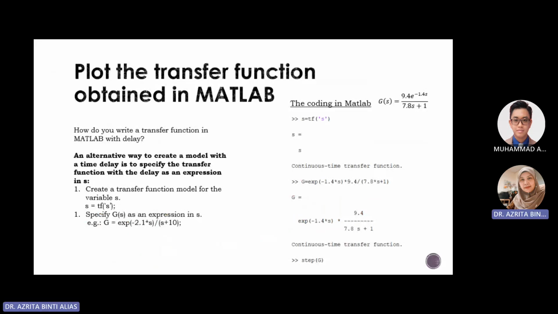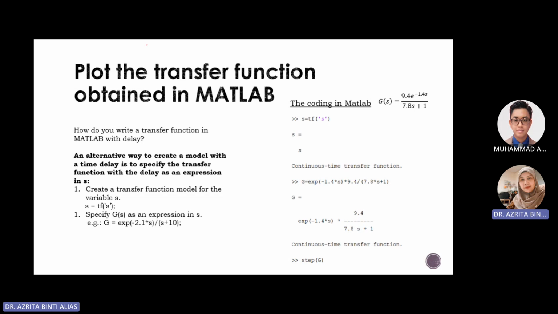Okay, so actually there are a lot of ways to plot the transfer function. Before this, you already learned that when we want to plot the transfer function, we declare the numerator, denominator, and then we find the transfer function, right?